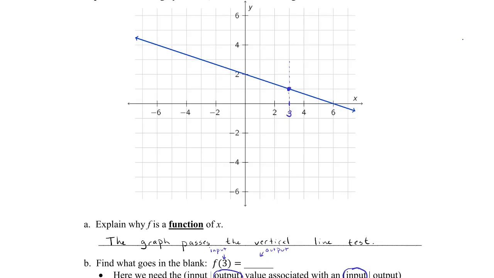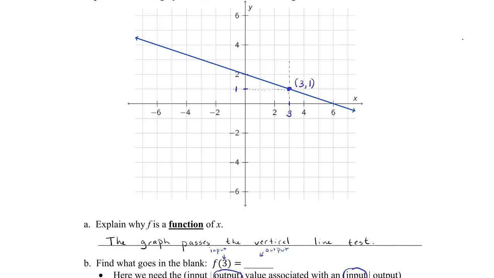And we see that this point on the graph has x-coordinate 3. Looking at the horizontal line, we see y is counting by 2s as well: 0, 2. 1 is halfway in between. So we see that this is the point 3, 1.